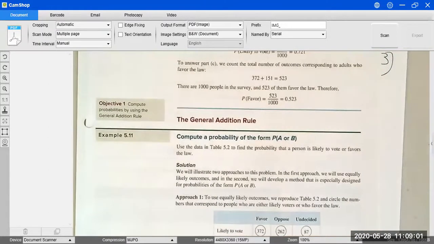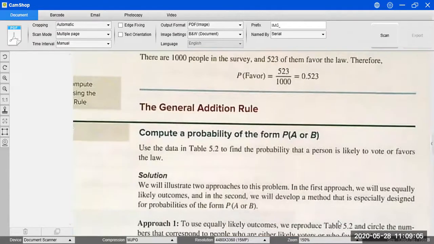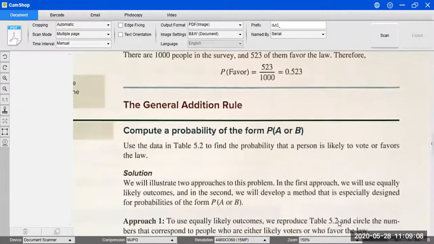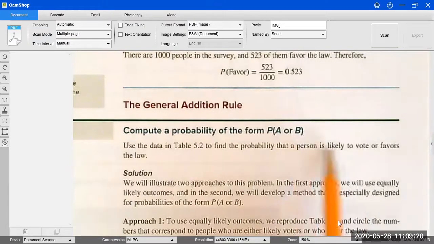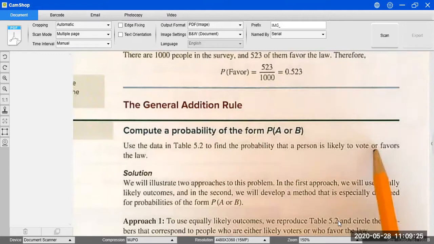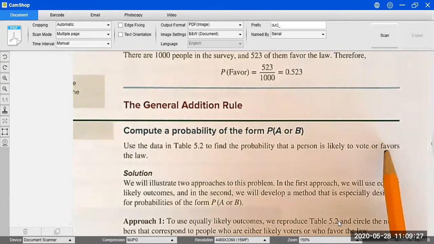So we're going to use the contingency table that I just showed you. Use the data in table 5.2 and find the probability that a person is likely to vote or favors the law. So this is the kind of compound event where the first event is the person is likely to vote. Then we have the operator or. It's very important that you see the operator or, and then there is the second event. The person favors the law.